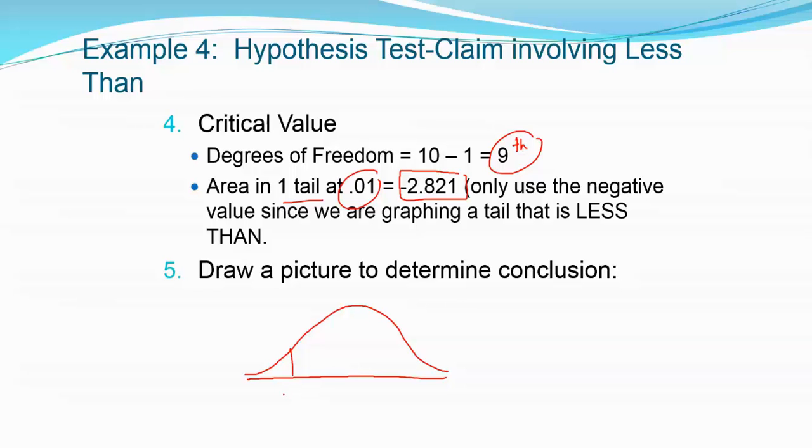I have my critical value, negative 2.821. Anything that falls to the left is going to be a rejection, and anything to the right is a fail. Then we plot our test statistic, which was negative 3.732. Now that is further to the left, so it does fall in the rejection region. So I would make the conclusion that I'm going to reject the null.